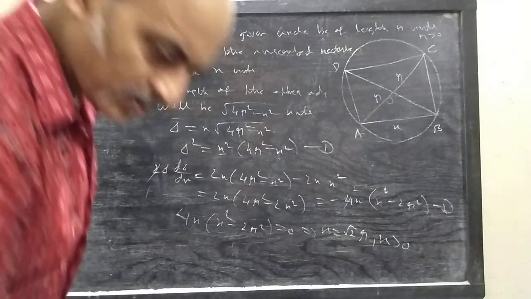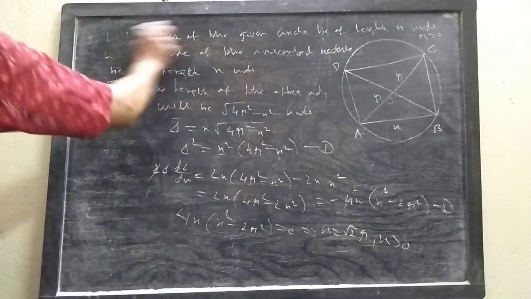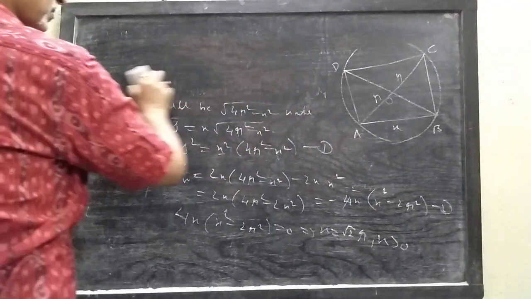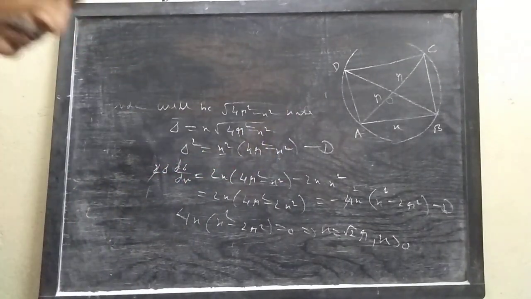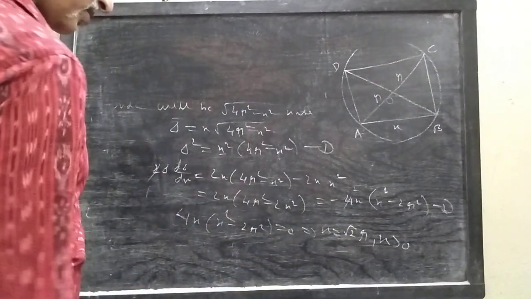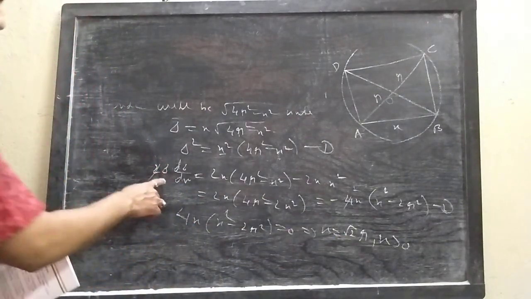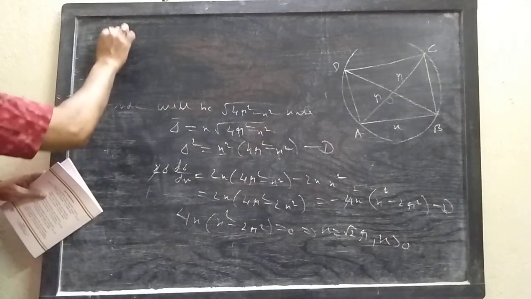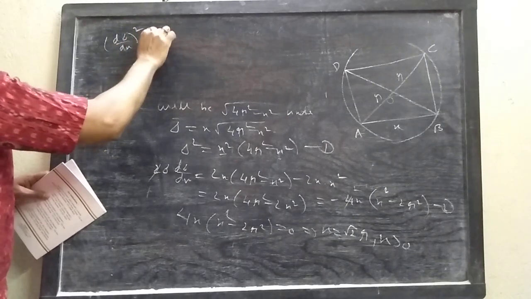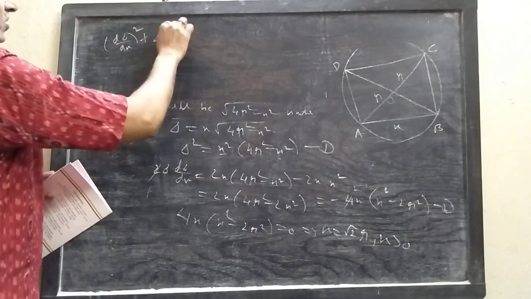Now differentiate both sides of 2 with respect to x again. We get d delta dx whole square plus delta into d2 delta dx2.